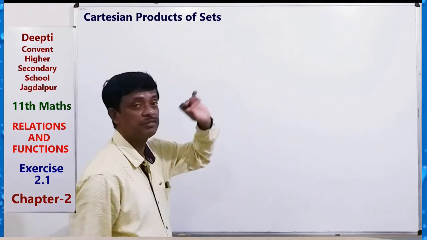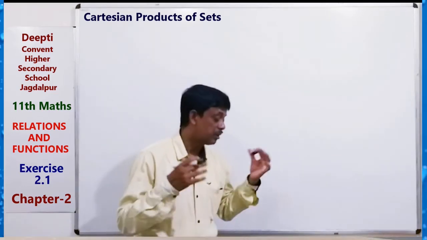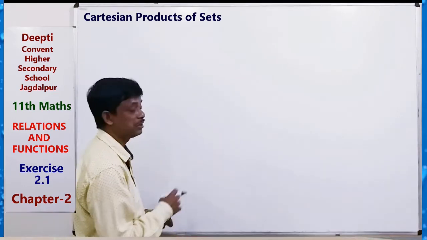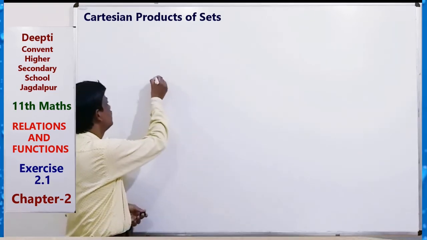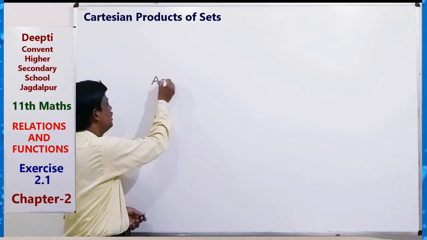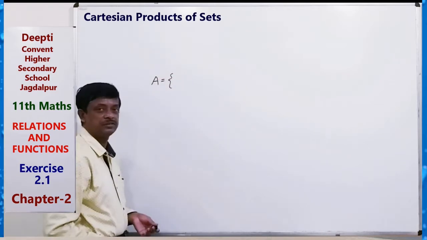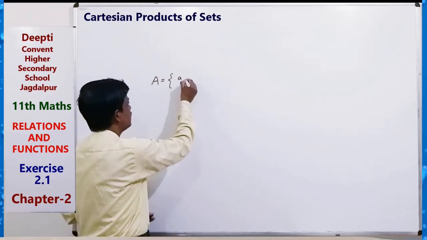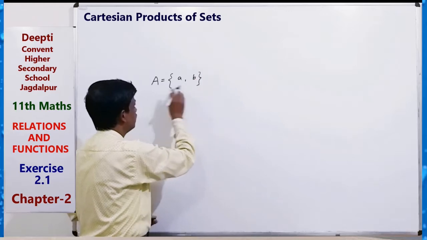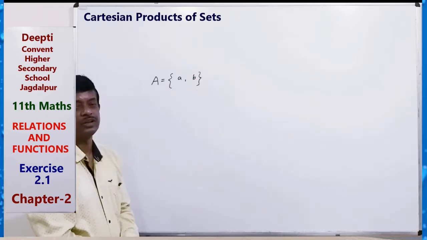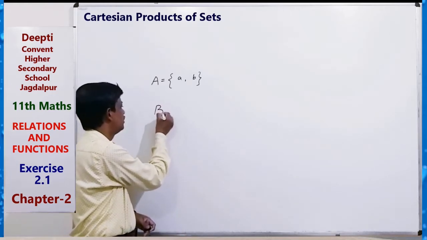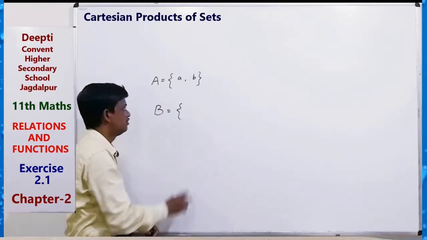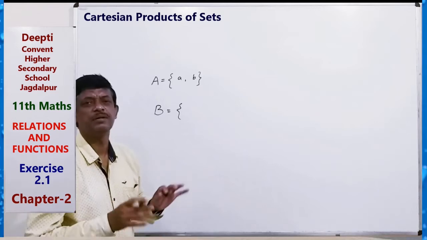So, the Cartesian product of sets. How can we find the Cartesian product of sets? Suppose we have a set A equal to {a, b}. This set has two elements.